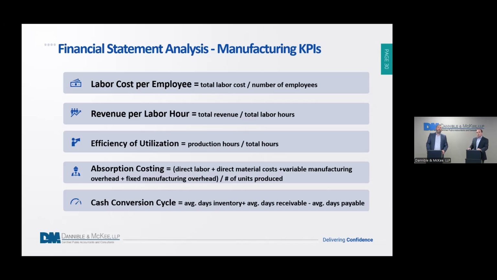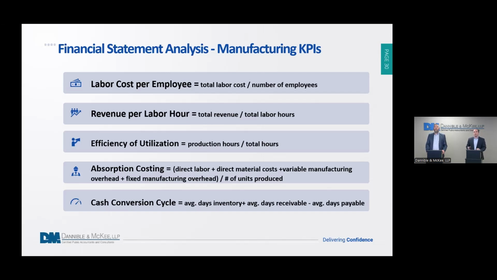The fourth one here is absorption cost. This is really focused on the manufacturing process. It's actually a managerial accounting concept. That would be direct labor plus direct material cost plus variable manufacturing overhead plus your fixed manufacturing overhead, divided by the number of units.